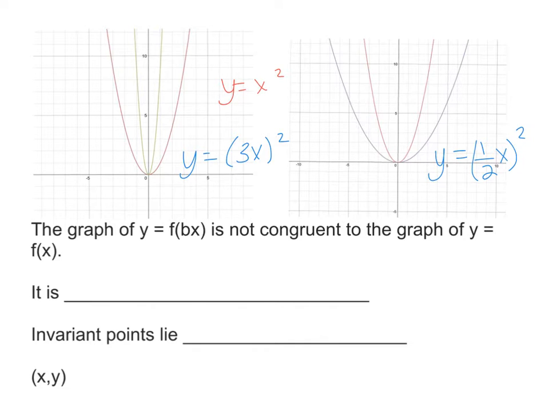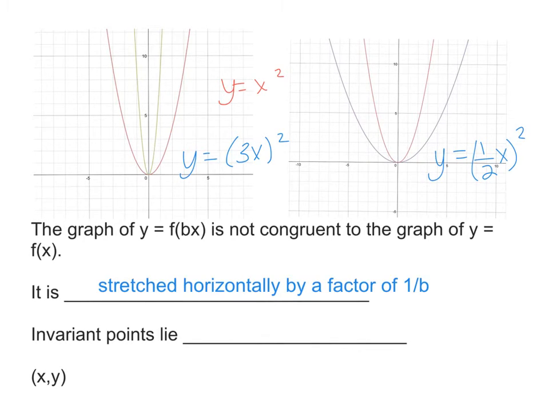What's the stretch factor here for y equals 3x squared? Yeah, it's squished into 1/3 its horizontal size. So 3 is not the stretch factor, 1/3 is. And in this one with the 1/2, it's stretched out to twice its horizontal size. And so the stretch factor is not 1/2, it's 2. So what that means here, it is stretched horizontally by a factor of 1/b.